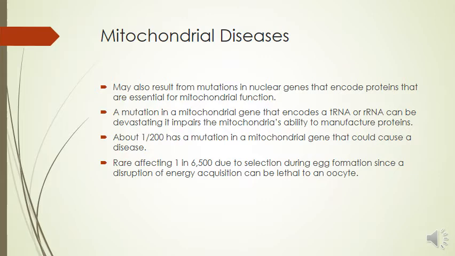About 1 out of every 200 individuals has a mutation in a mitochondrial gene that could cause a disease. These are rare diseases. They affect about 1 in 6,500 individuals. This is also due to selection that takes place during egg formation, since a disruption of energy acquisition and the production of ATP can be lethal to an oocyte.